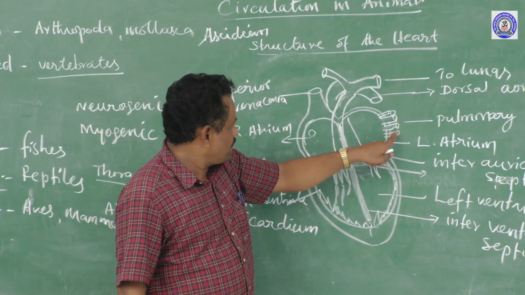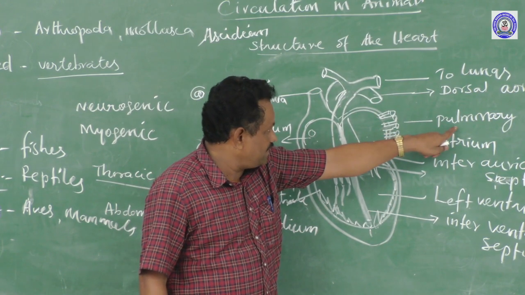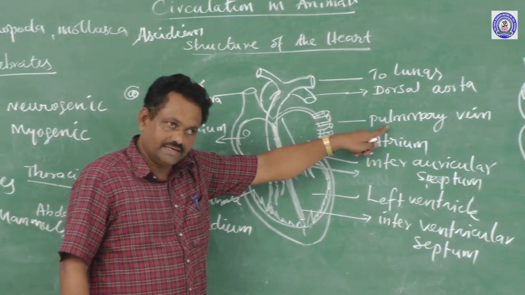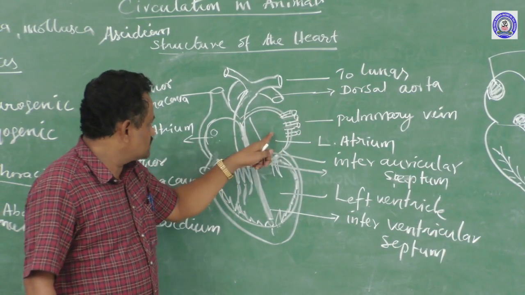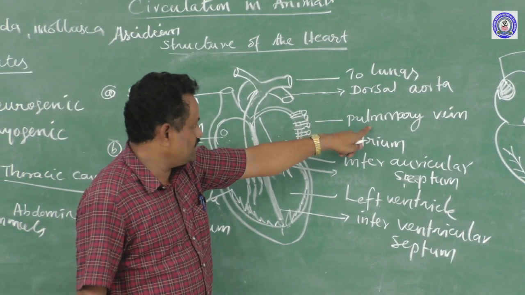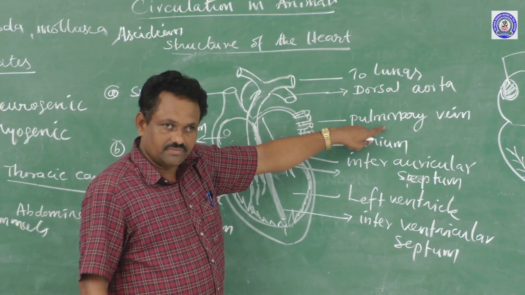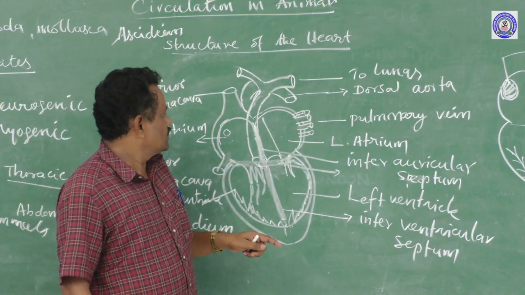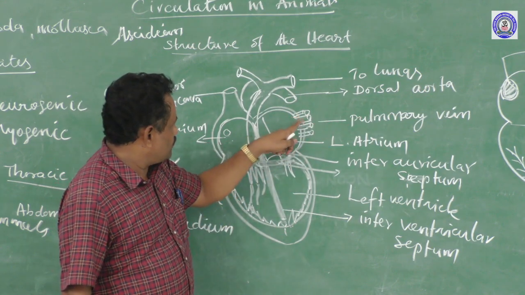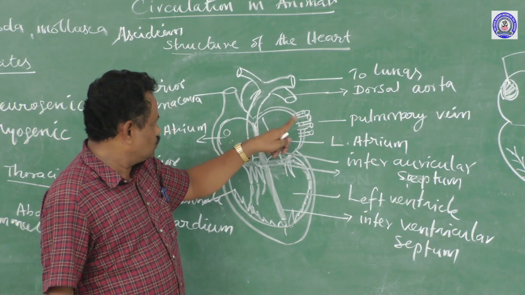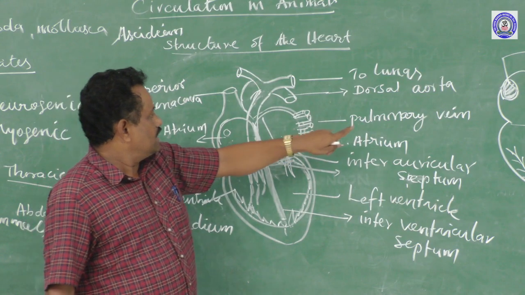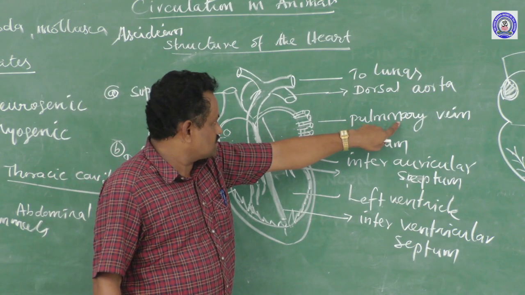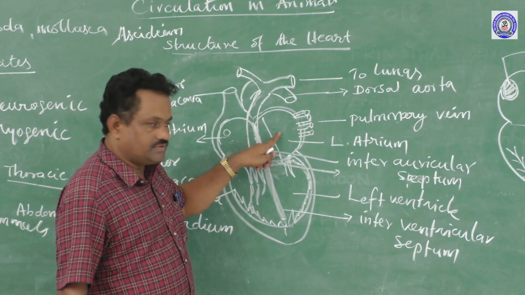And here the pulmonary vein also brings blood towards the heart, but the pulmonary vein brings oxygenated blood from the lungs. There are four pulmonary veins, two from each lung, and the oxygenated blood drains into the left atrium.